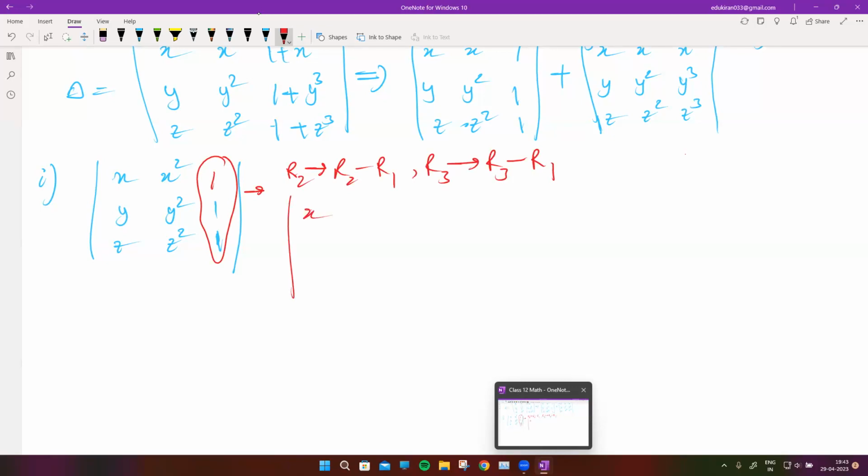And this will be x square 1, and then this will be y minus x, y square minus x square, and this will be 0. This will be z minus x, z square minus x square, and this will be 0.